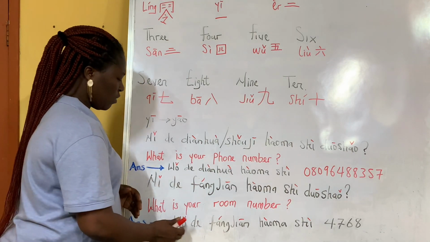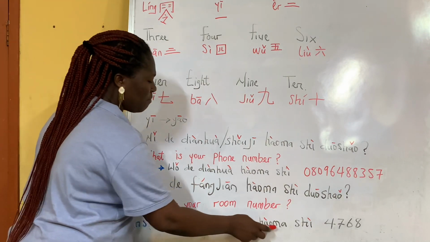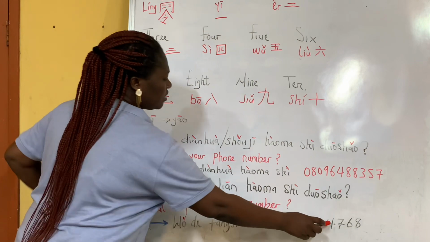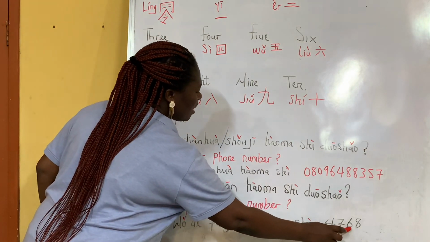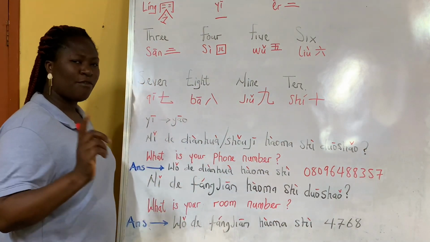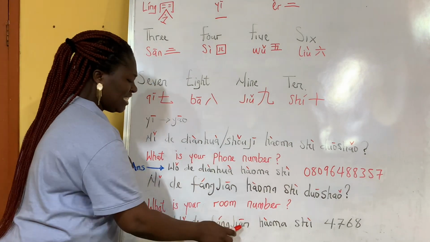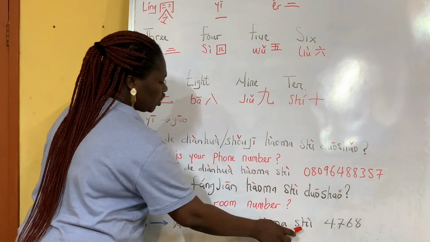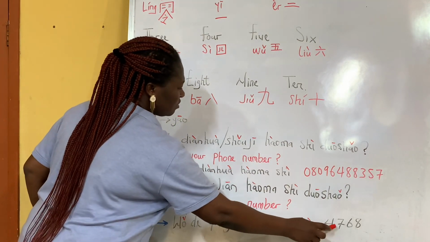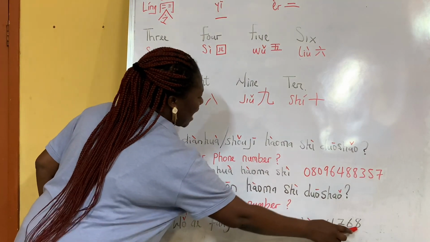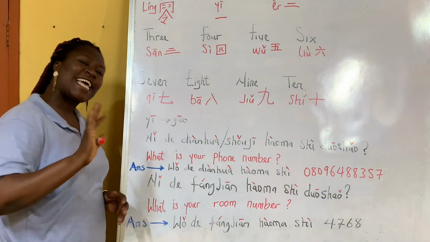You say 我的房间号码是4768. One more time, repeat after me. 我的房间号码是4768.